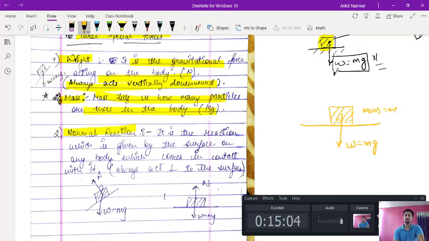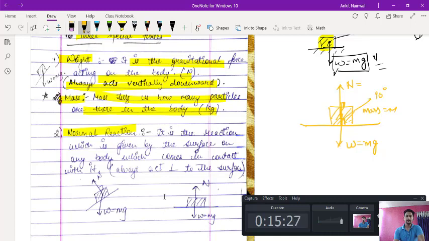Now who is balancing this weight? The normal reaction force is balancing that force, that is given by N, and it is always perpendicular to the surface.